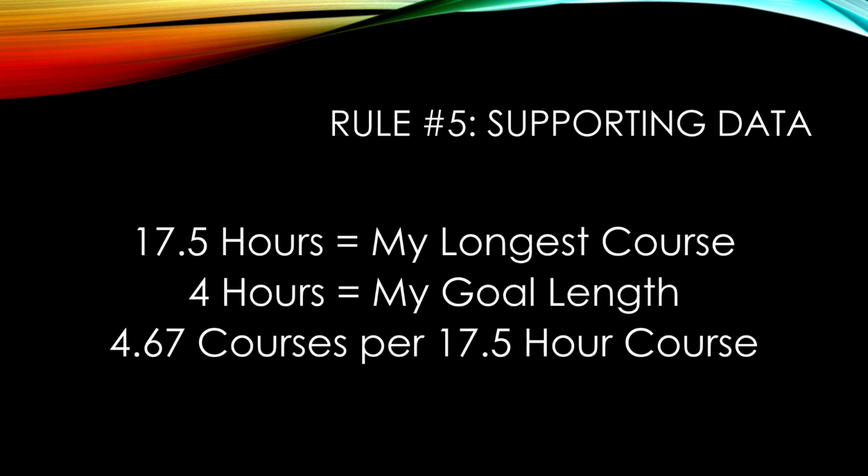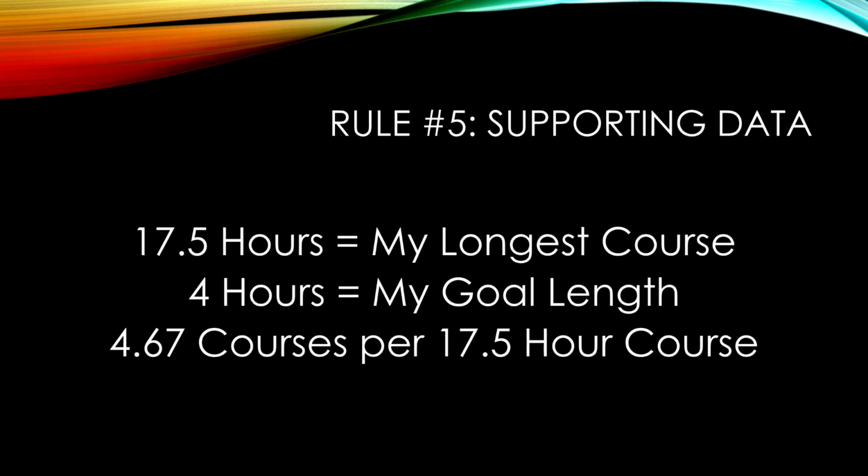Now, let me give you some supporting data to this. My longest course is 17.5 hours. 4 hours is my goal length. That means that for that longest course, I could have almost 5 other courses.